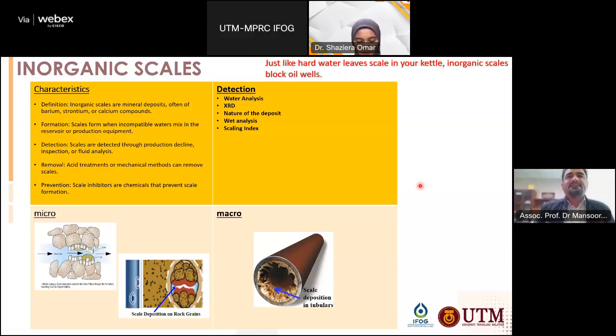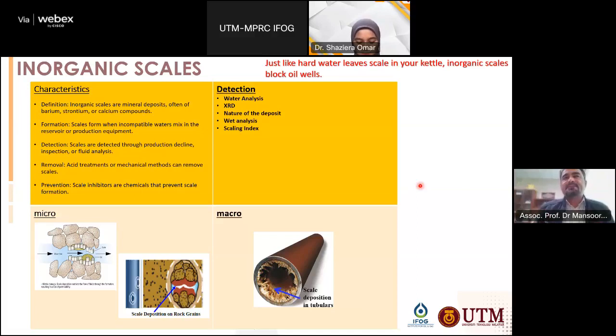How can we detect it? Of course, water analysis is very important. XRD to know the components of this. And also we have the nature of the deposit, whether it's calcium carbonate or barium sulfate. And of course, all of you know that the pH is very important, and it's directly related to the first one, which is calcium carbonate.